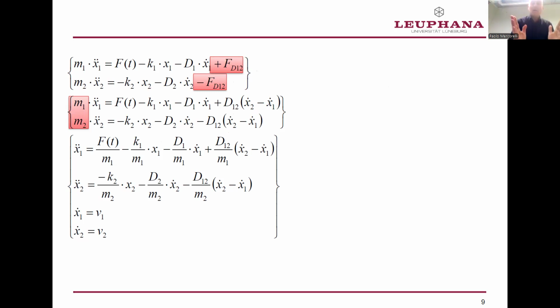I don't know if from home you can see me. Assuming that you have here a damping factor, if my left hand and my right hand have the same velocity, I don't have a friction effect. If this is moving slower, this will act on the left hand with an effort because of this effect.